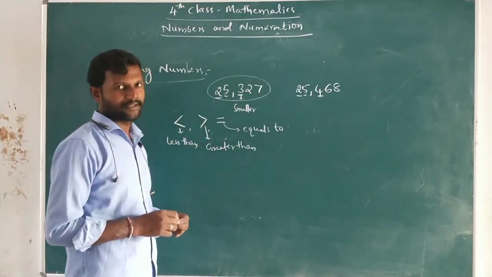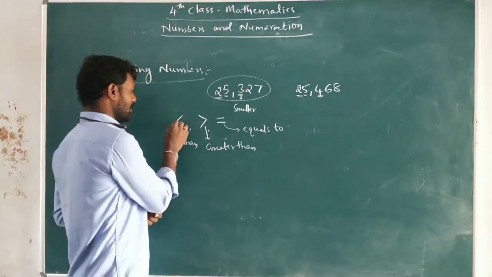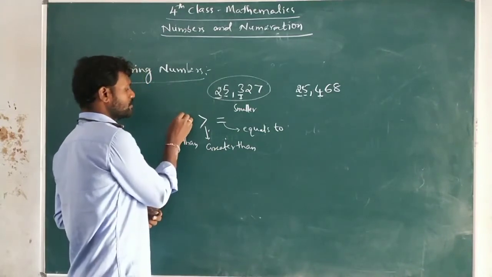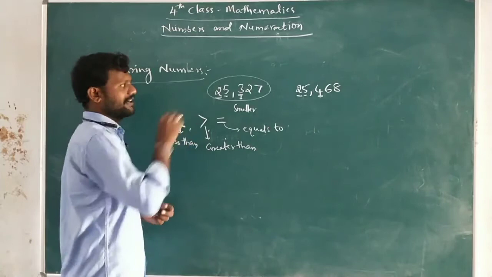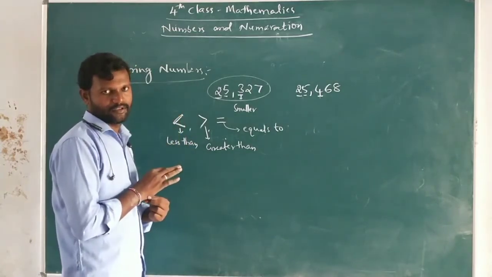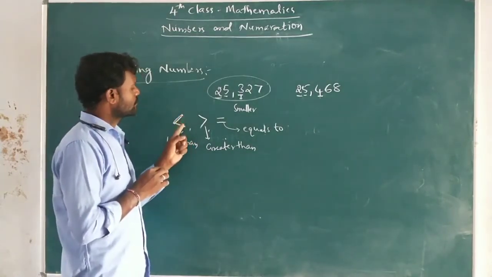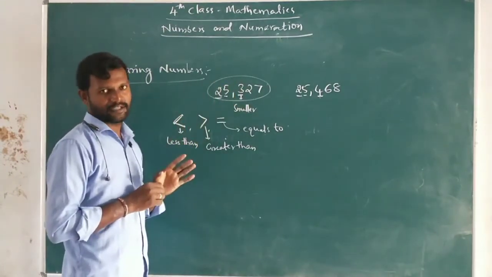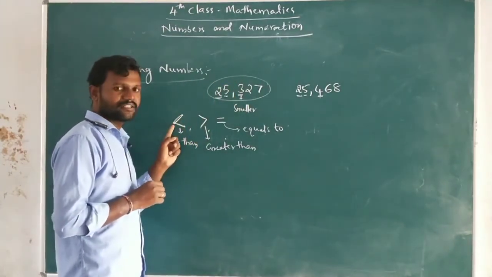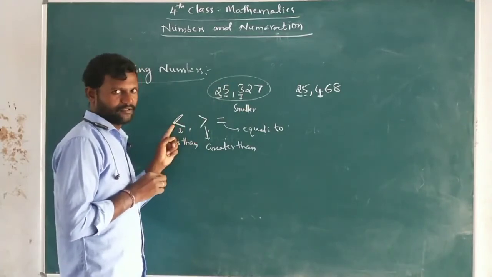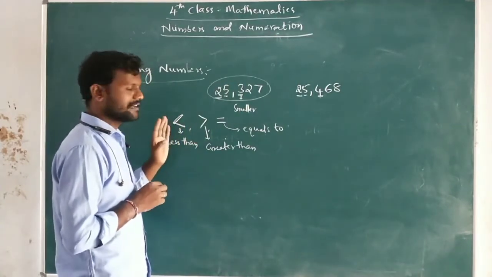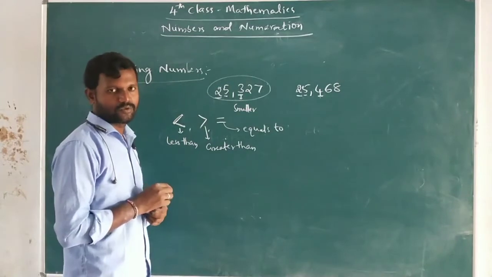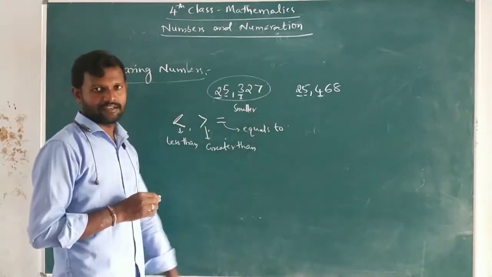Remember one thing: the single edge is towards the smaller number, and the two edges are always towards the greater number. Whether it is greater than or less than, just write like that, with two edges towards the larger one.